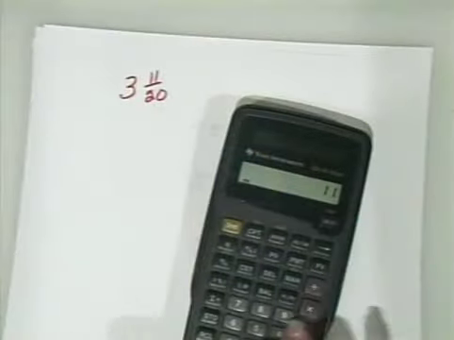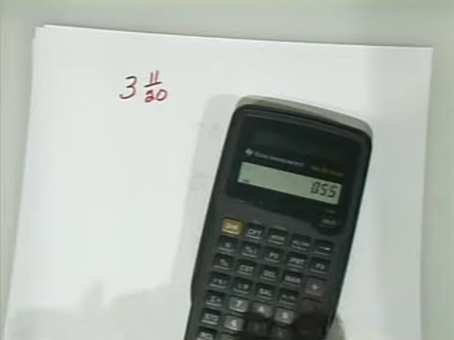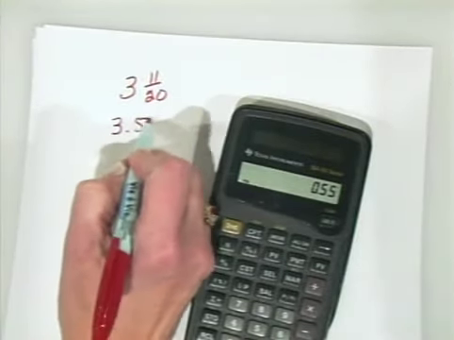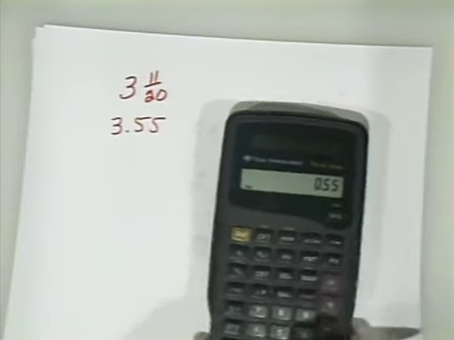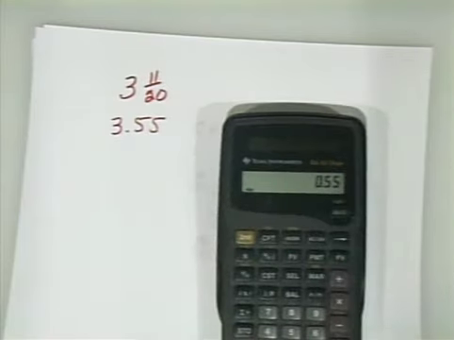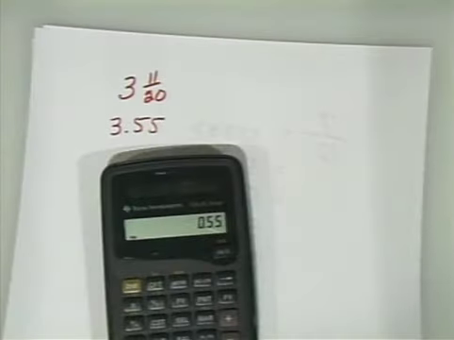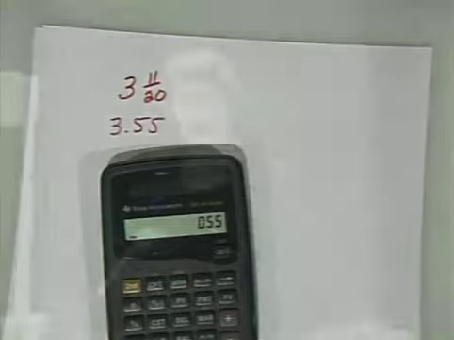I would do 11 divided by 20 in my calculator and get 0.55. 11/20 is the same as 55/100. Now you've got a decimal. We're going to change it to a percent.